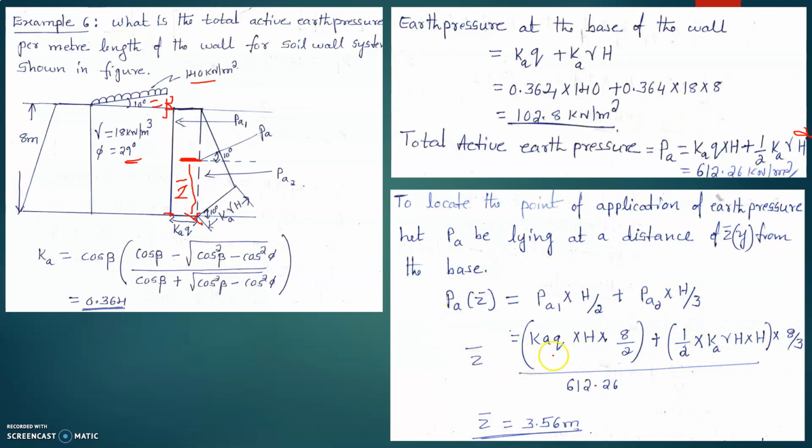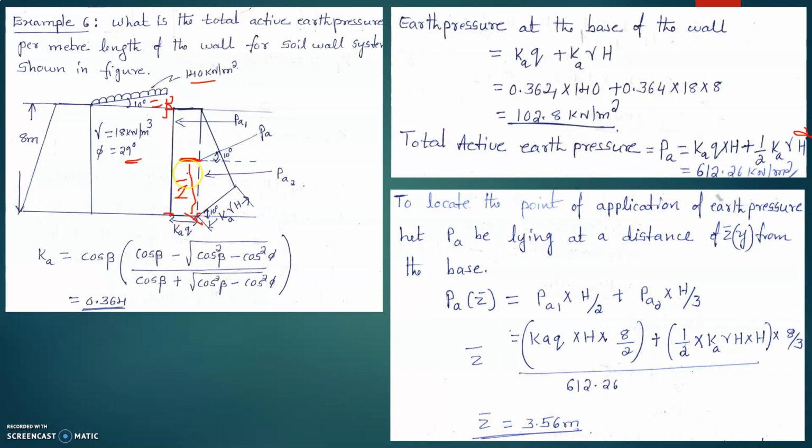So Z bar is equal to KAQ into H, that is PA1, into 8 by 2, plus PA2, that is half into base into height into 8 divided by 3, divided by the total active earth pressure, that is 612.26. So we will get Z bar is equal to 3.56 meter.